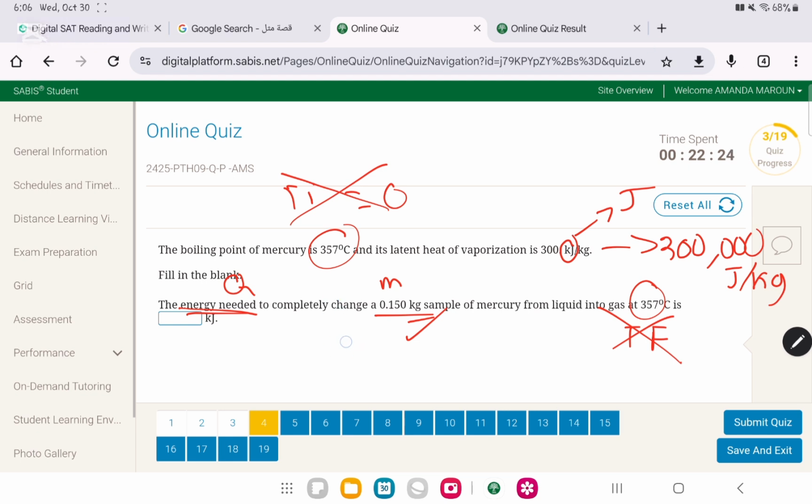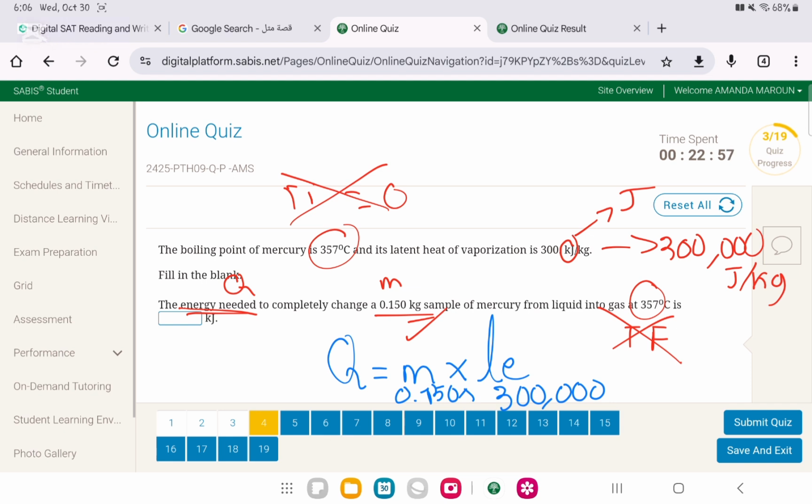Instead, we're going to use the equation that Q is equal to the mass times the latent heat of vaporization. So we have the mass, which is 0.150, times the latent heat of vaporization, which is 300,000 joules per kg. So then it becomes 0.150 times 300,000.